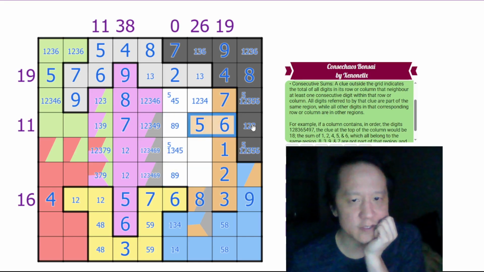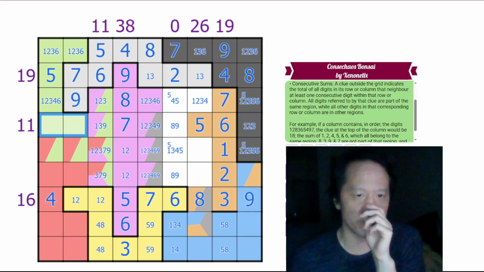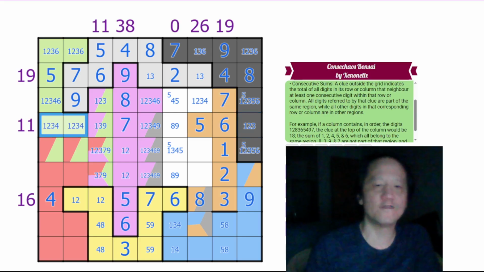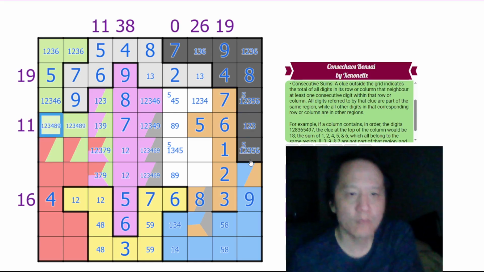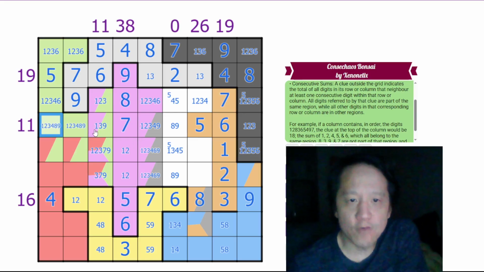This is 5 and 6. The remaining digits in row 4 are 1, 2, 3, 4, 8, and 9. Okay. Therefore, that's not true. One of these is 4. We don't know which. This could be some medium thing. We don't know.